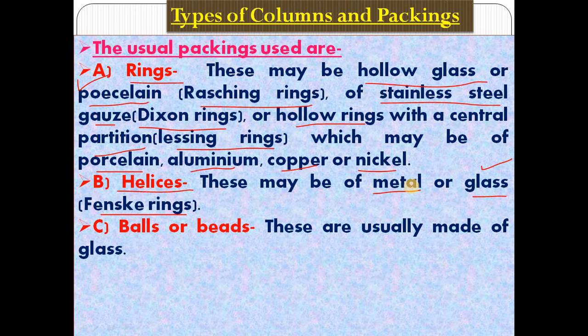When we use metal helices, the strong acid attacks and destroys the metal. So usually glass helices are used for packing purposes. The third type of packing is balls or beads, usually made of glass, for the same reason: acid does not attack glass.